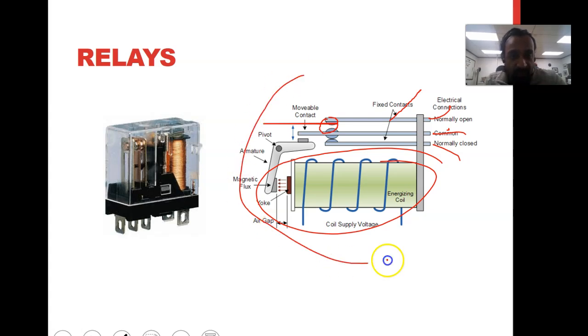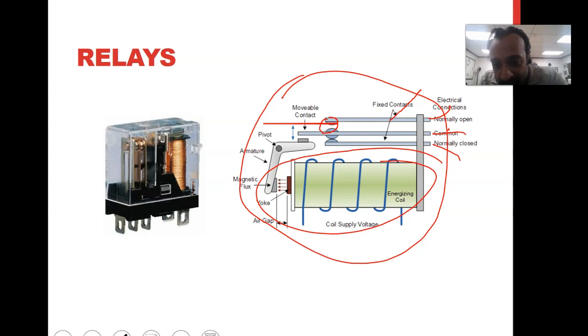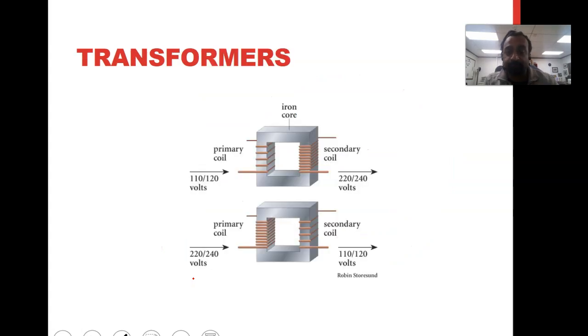So this is the component of a contact. We will have a lot of contacts, and it's very important to know how they work, and this is what it looks like in real life. Some of them are clear. We did learn how to test the contactor. We can test the coil for continuity, and we can test the contact as well. Hopefully you'll be able to do that in Energy System Lab 1.